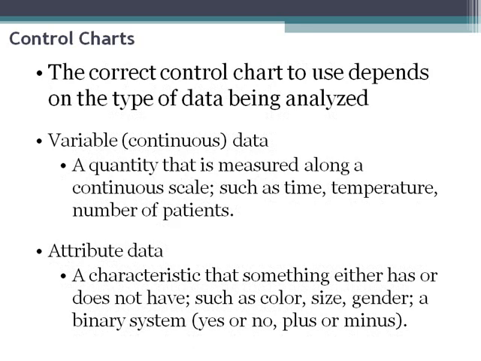Variable data, or continuous, is a quantity measured along a continuous scale, such as time, temperature, or number of patients. Attribute data is a characteristic that something either has or does not have: color, size, gender. It's typically a binary system, a yes or no, a plus or minus, did they have a post-op PE/DVT or did they not.